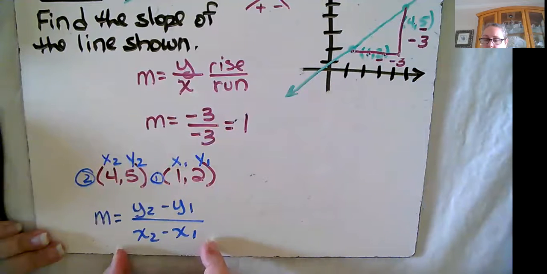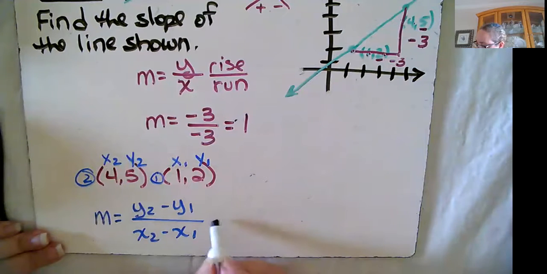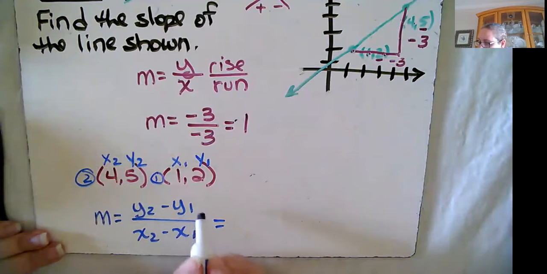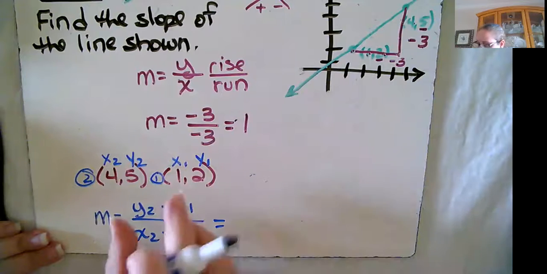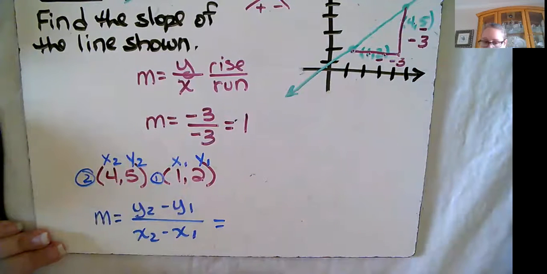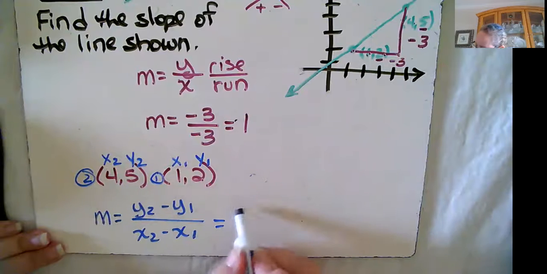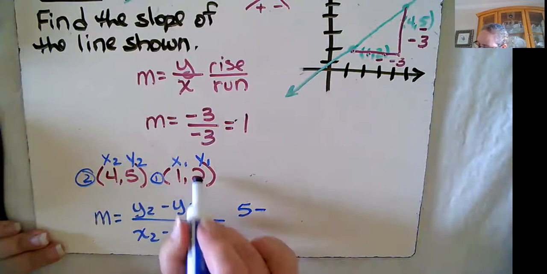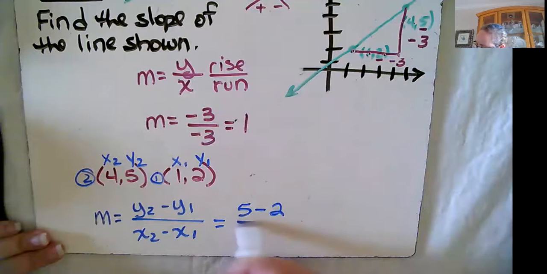So now you have to make sure that you plug it in correctly. Number 1, you got to make sure that your y values are in the numerator and that you're following the order of the values themselves. So I'm going to plug in y2 first, 5 minus, because of the formula, and then y1, which is 2.